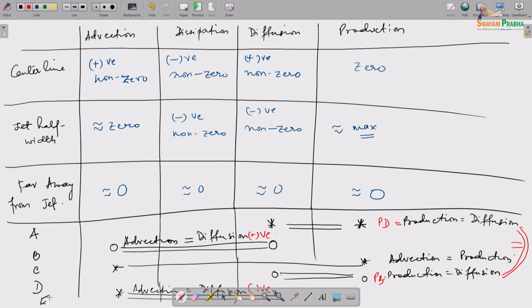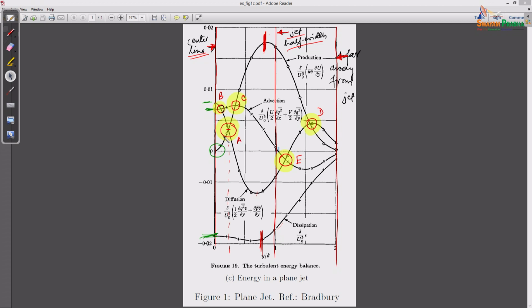At the point A and at the point D, if you see here, this is the point A, this is the point D, production is equal to diffusion.